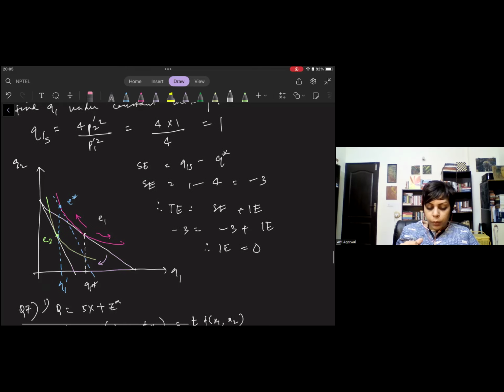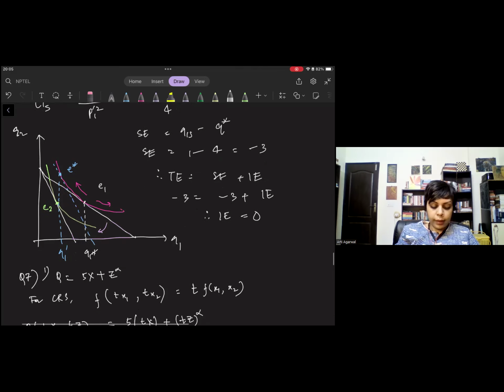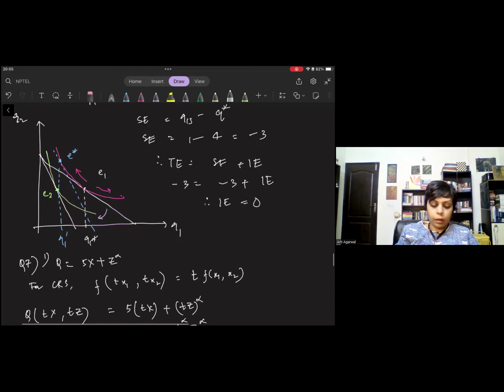But in this particular case, I don't think you needed to calculate the budget because you can just directly calculate the value of Q1 of good 1 at E star. And from E star to E2, if you get any difference in the value of Q1, because you know Q1 value at E star and you know Q1 value at E2, you just take the difference between the two, you get income effect.